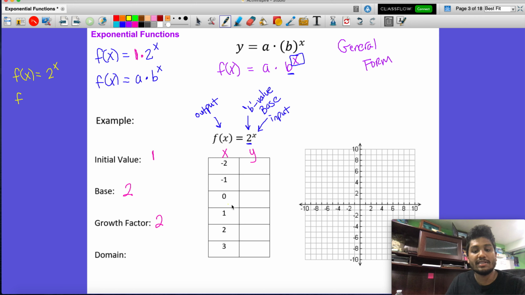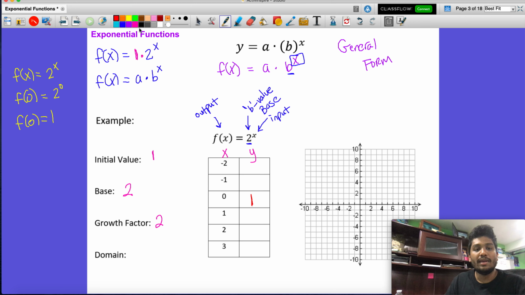If we were to start at 0, it's this one here. f of 0 means that I'm plugging in a 0 everywhere that we see an x. So this right here would be 0. Now 2 to the 0th power, or anything to the 0th power, is actually just 1. That's a good math fact to really remember: anything to the 0th power will be 1.